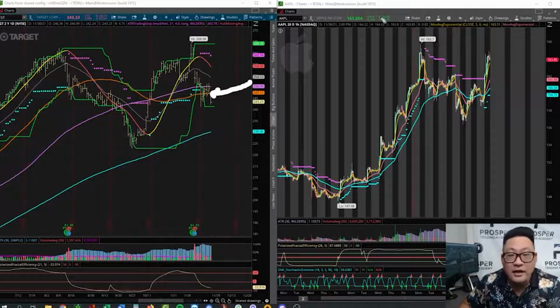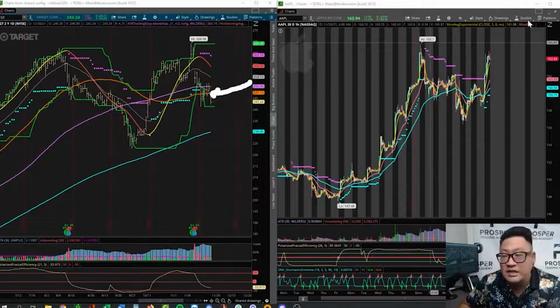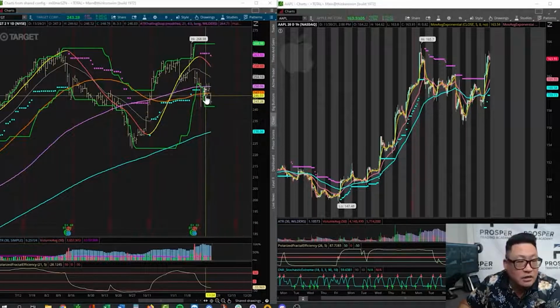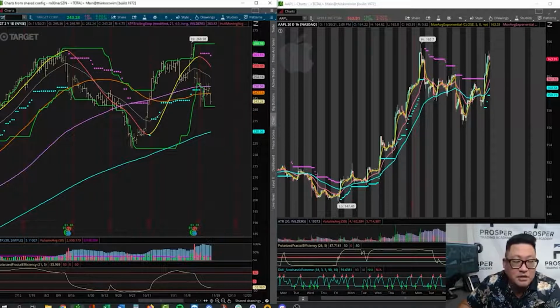The high of the day in Target today was right around $247, $246. We're trading at $243 right now, so it's already gotten knocked back nearly $4 off of that price level. That's an important aspect, because if we can recognize where support and resistance comes into play, again, we can manage through.